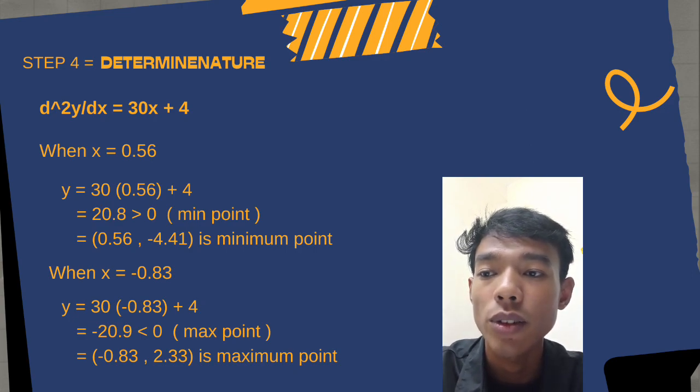Then the point (0.56, 4.41) is a minimum point.